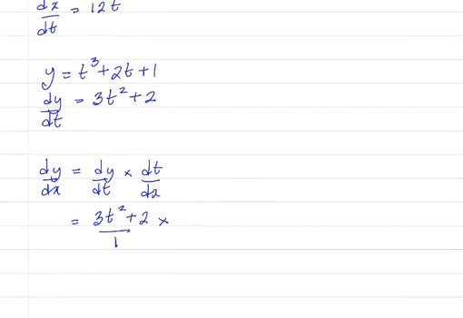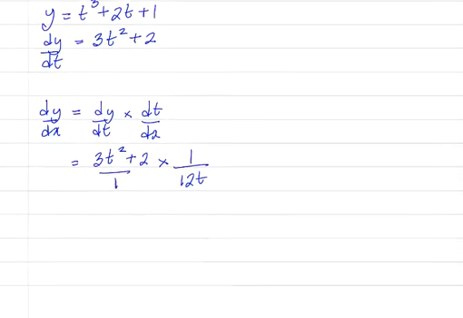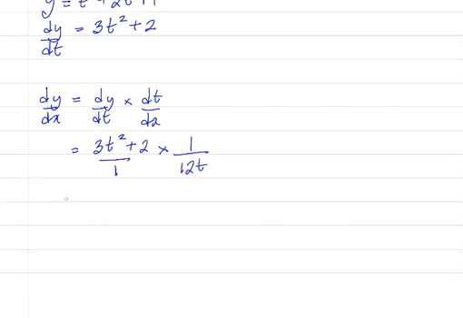So it's multiplied by 1 over 12t. So we can say dy by dx would be equal to 3t squared plus 2 over 12t.